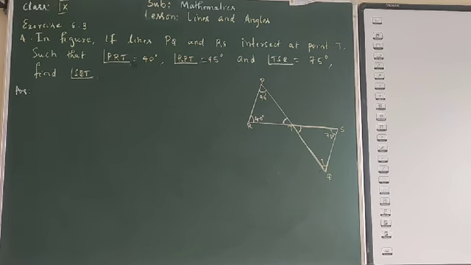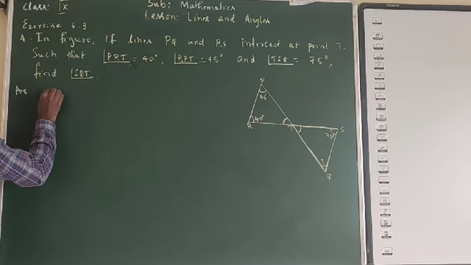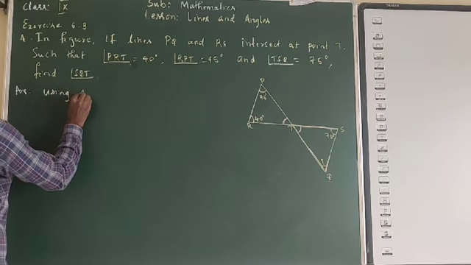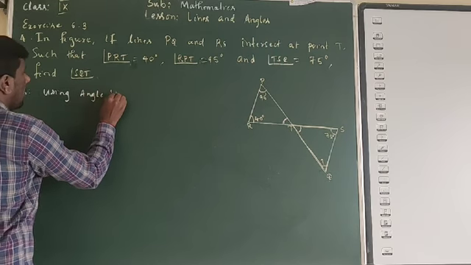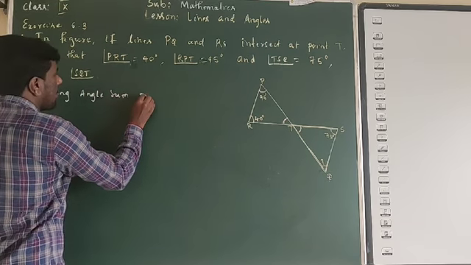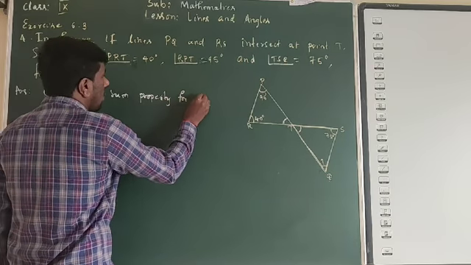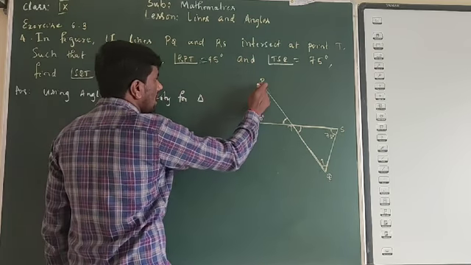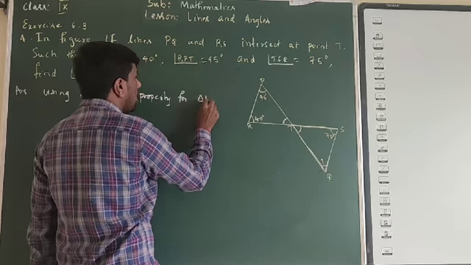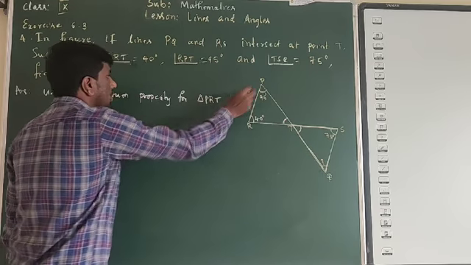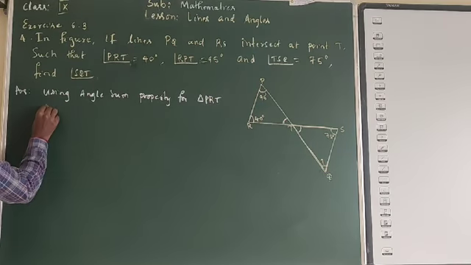Now, using the angle sum property for a triangle, to find this I will use the angle sum property for triangle PRT. Let me write that. What are the angles?